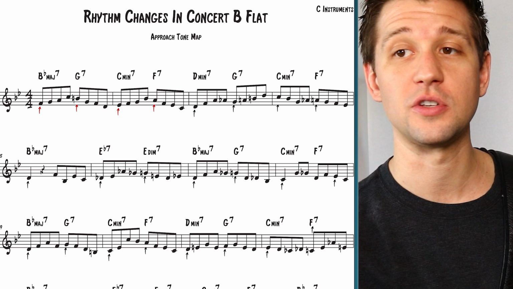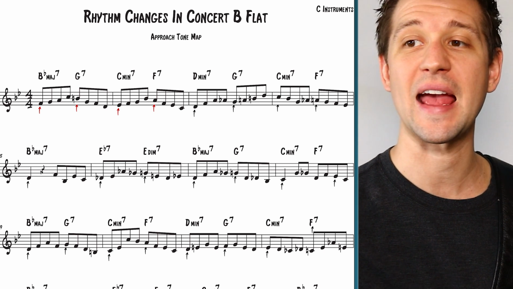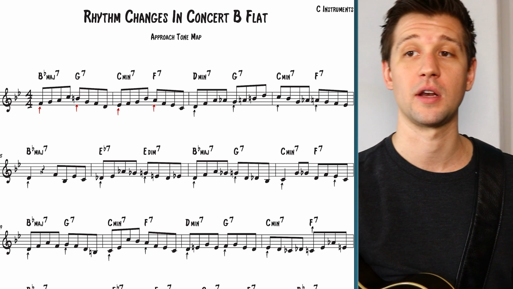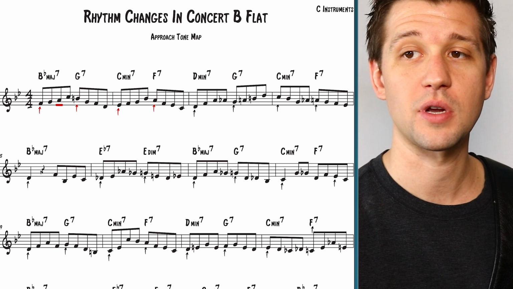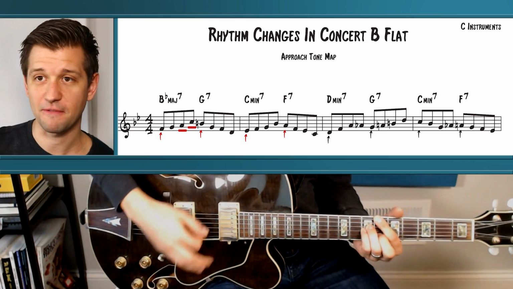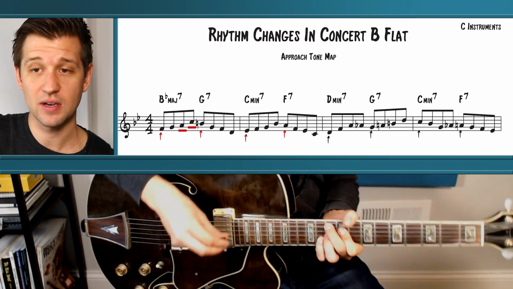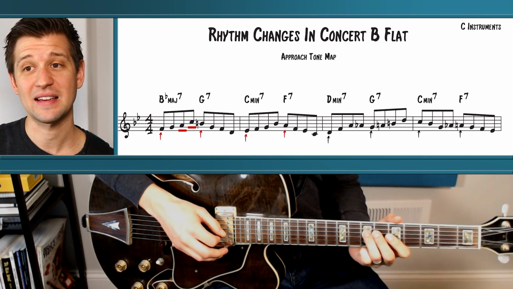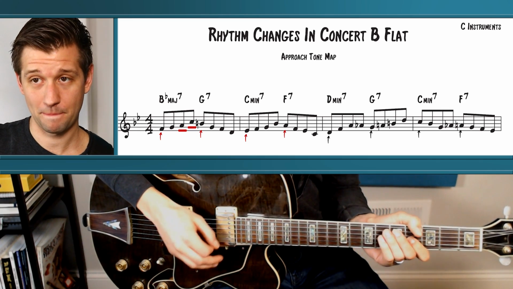But what we're going to do is use approach tones. So really any note in this is an approach tone. An approach tone is just approaching a target note, but I like to really focus on the two notes that come before it, right? So in this particular case, we have this B flat major 7 to this G7. So we have F, G, A, C, B natural.